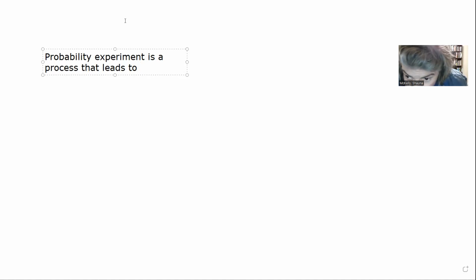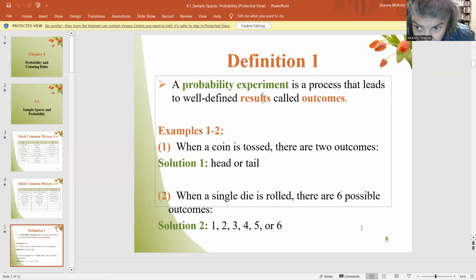Here's our slide. A probability experiment is a process that leads to well-defined results called outcomes. The results are the outcomes.